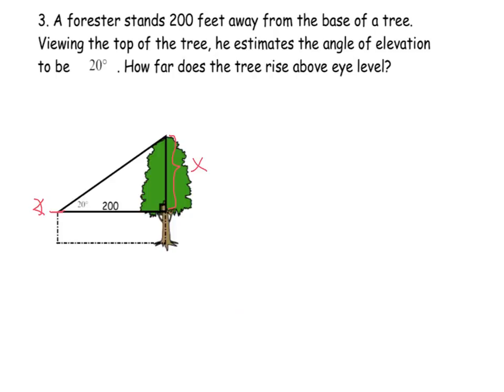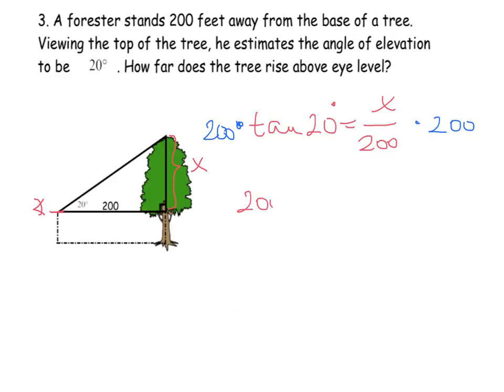So again, I need to use a trigonometric ratio that involves opposite over adjacent. So I will have to use tangent of 20 degrees equals x over 200. And if I multiply both sides by 200, I am going to end up having 200 times the tangent of 20 degrees, which equals x.